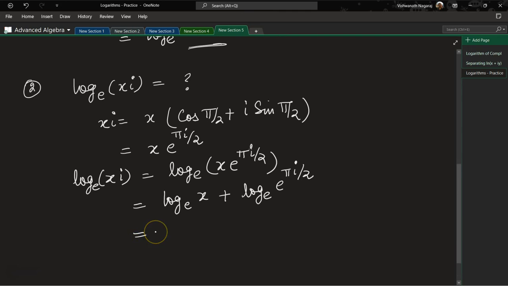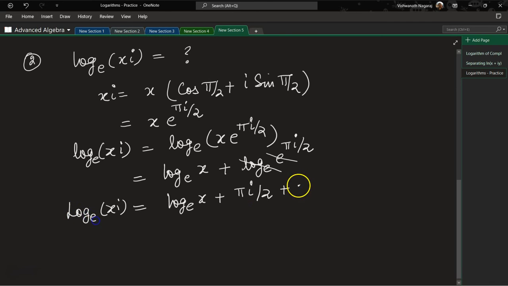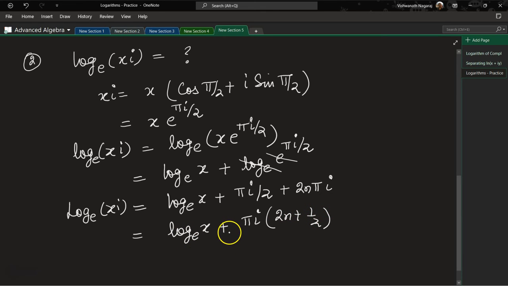Again, log e and e are inverses of each other, they cancel out. So we end up with log e x plus pi i by 2, let's make it general, plus 2n pi i, which means this can be written as log e x plus pi i times 2n plus half. So this is the log of a purely imaginary number.